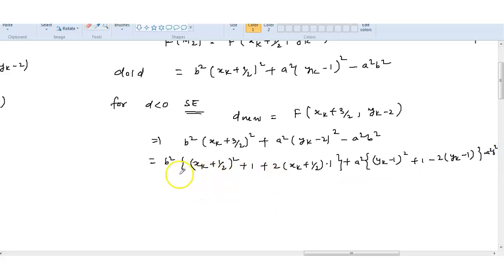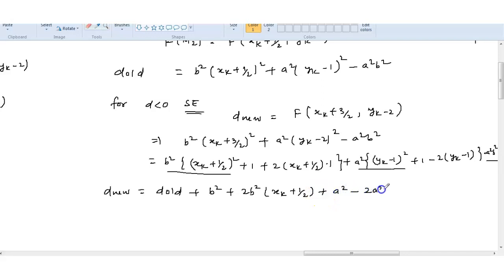So these terms are d old, so the terms left are b square plus 2b square into xk plus half plus a square minus 2a square yk minus 1.